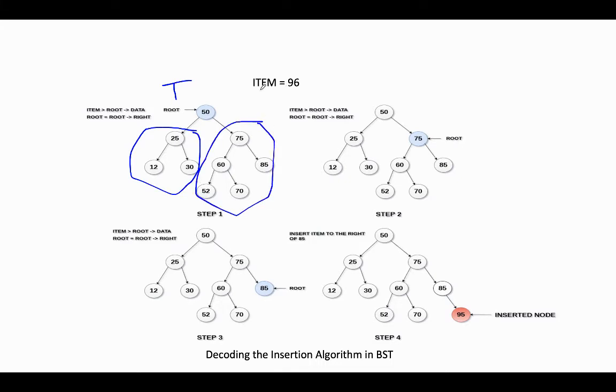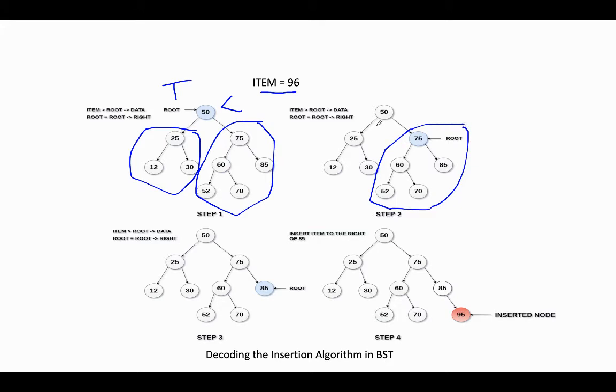And the item we want to insert in this tree is 96. So as per our algorithm, we'll start with the comparison with the root. We see that 96 is greater than 50, so we will move to the right subtree. This is the right subtree, and this is the relevant tree for us now.